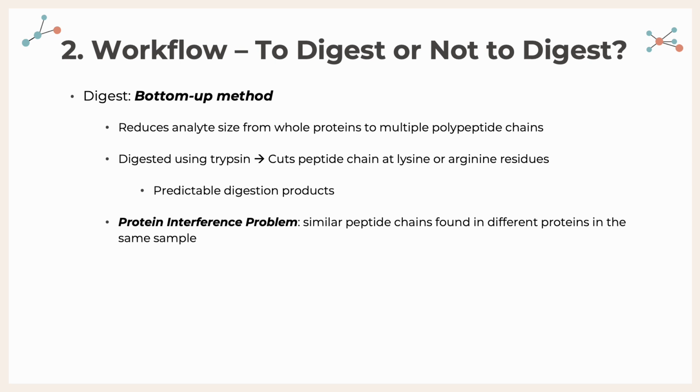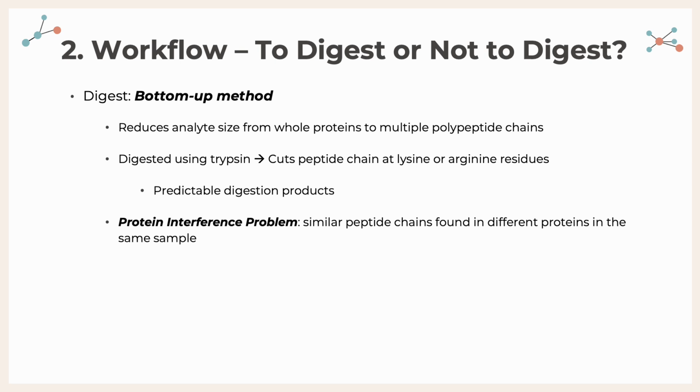You're using the enzyme trypsin, which cuts at lysine or arginine residues, and this creates predictable digestion products. We mainly use trypsin because if we use a different enzyme to essentially cut the peptide chain, we might get too long of a chain or too short of a chain for proper analysis.